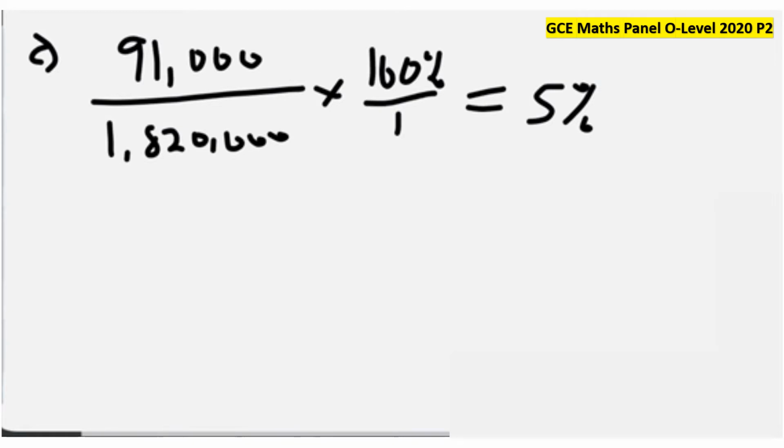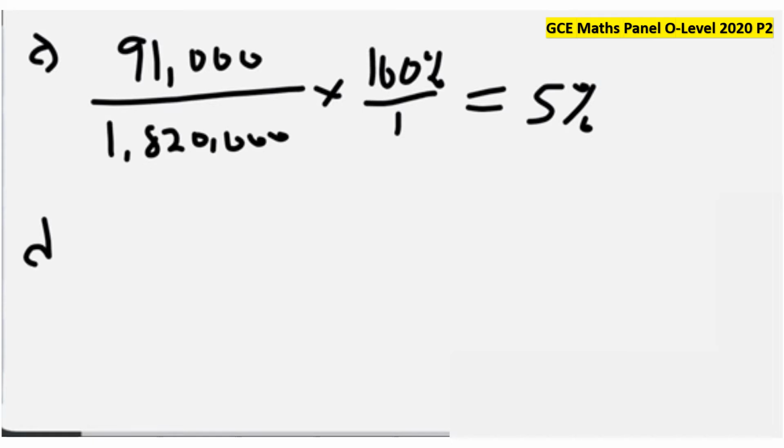The D part of the question: calculate the balance expected to be paid to the man. After this 1.82 million has been paid, the remainder from that 2.8 million that should be paid for that plot is the balance.